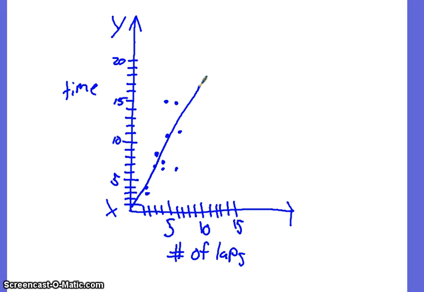The term for that line is called a best fit line. What line fits most of the points? It's called a best fit line because it best fits all of them.